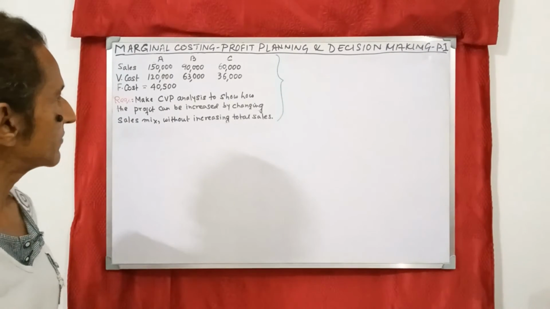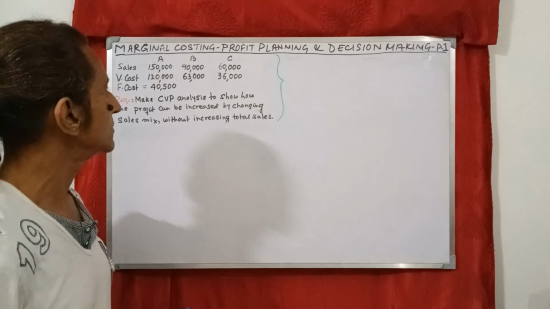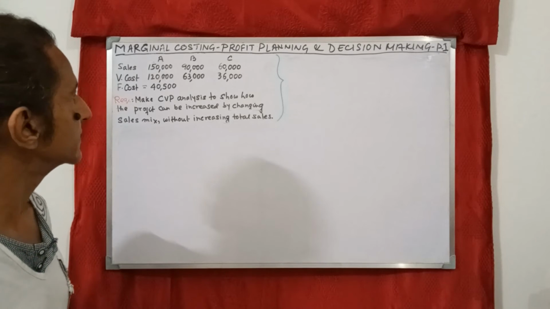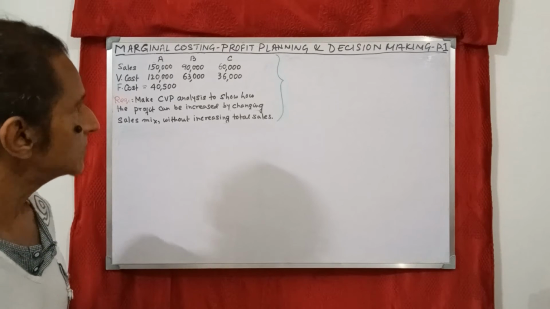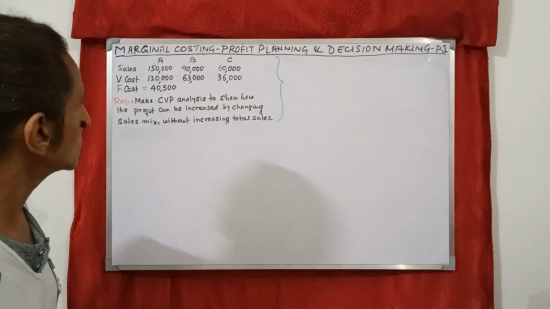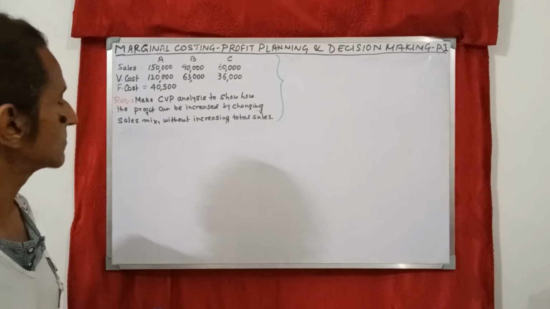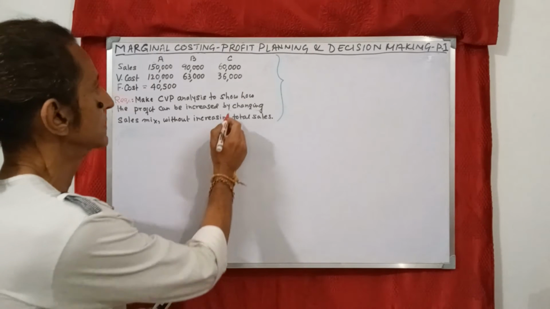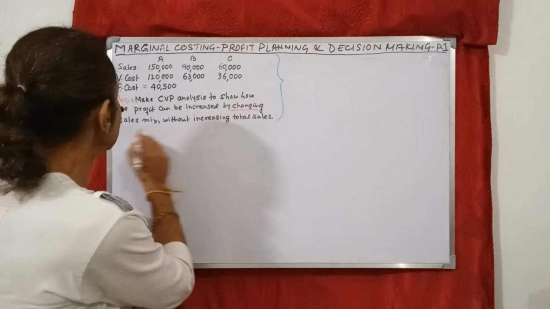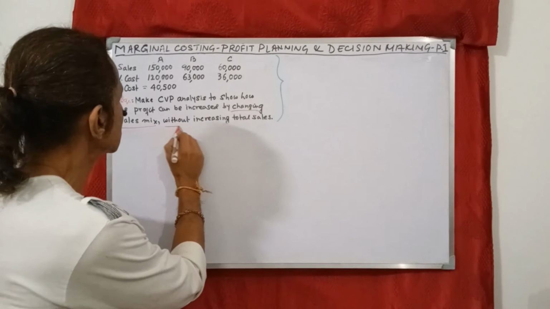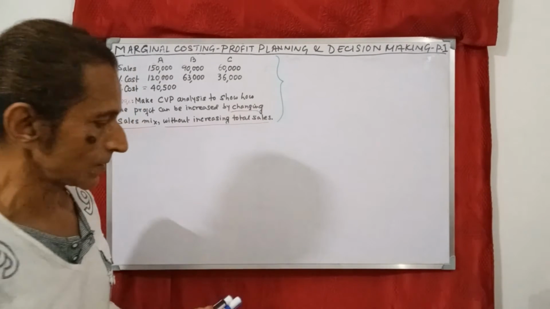This means the firm wants to change the mix of the products they are selling without any change in the total sales. Now two things are worth noting. Number one, sales mix is being changed and total sales is not being changed.